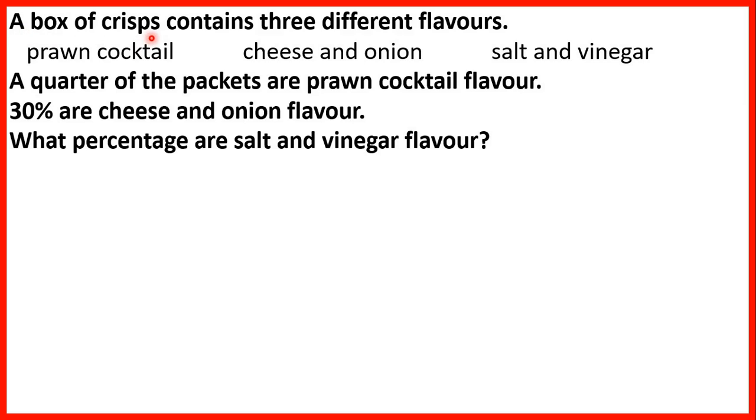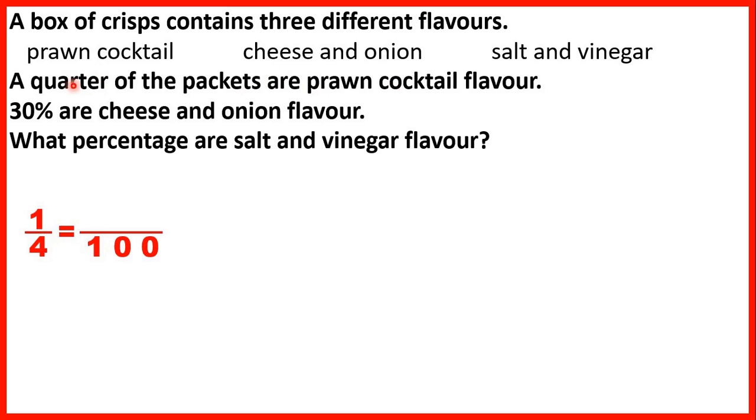A box of crisps contains 3 different flavours: prawn cocktail, cheese and onion, and salt and vinegar. A quarter of the packets are prawn cocktail flavour. 30% are cheese and onion flavour. What percentage are salt and vinegar flavour? So we need our answer as a percentage, but here we're given a fraction for the packets that are prawn cocktail.